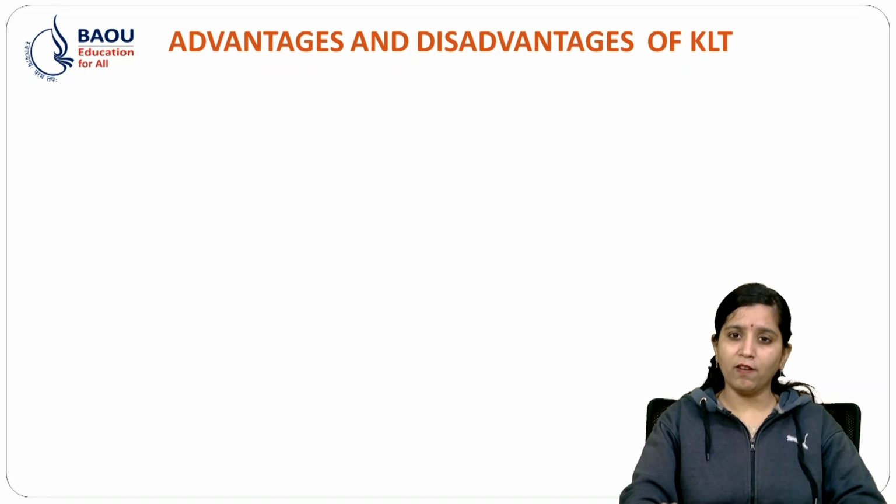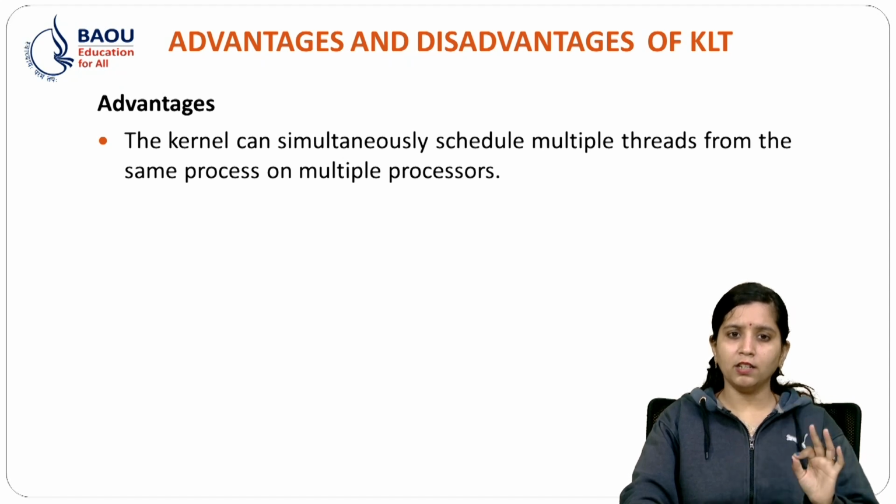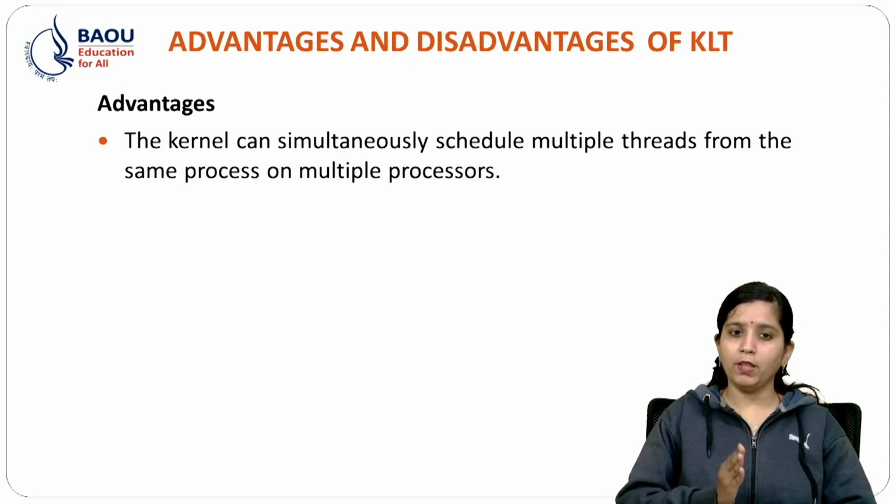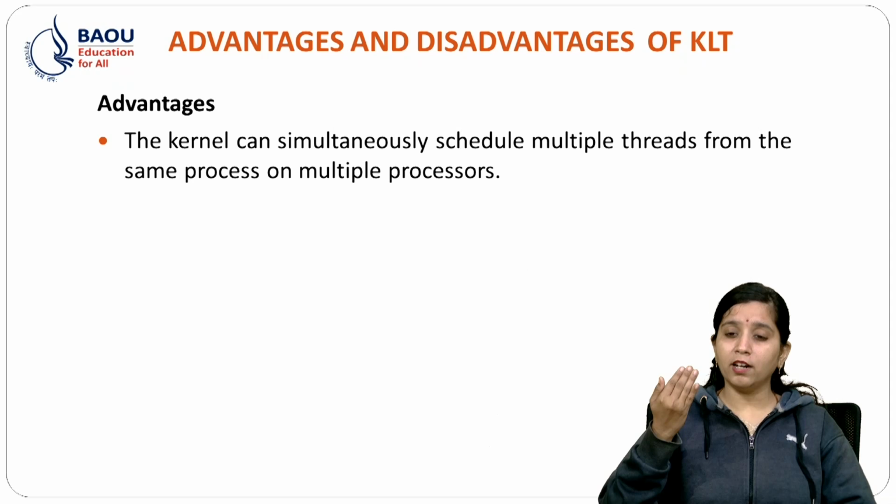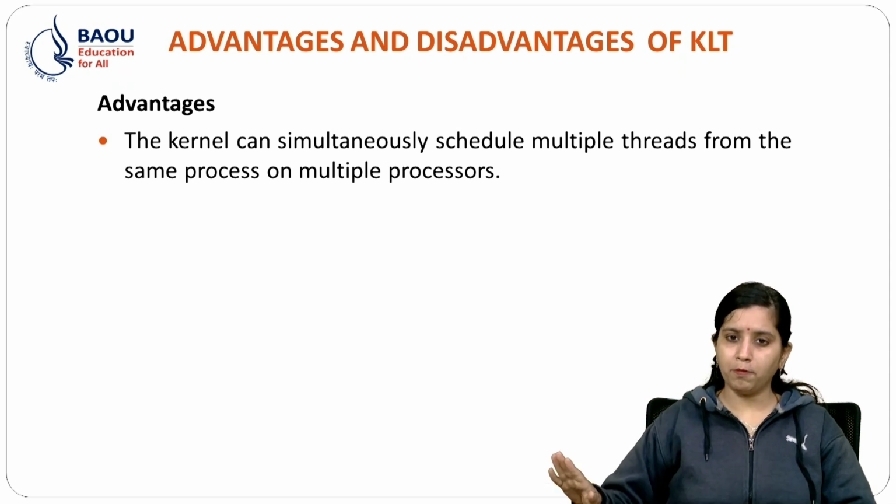So what are the advantages and disadvantages of kernel level thread? First, the kernel can simultaneously schedule multiple threads from the same process on multiple processors. So we can use kernel level threads in multiprocessors.